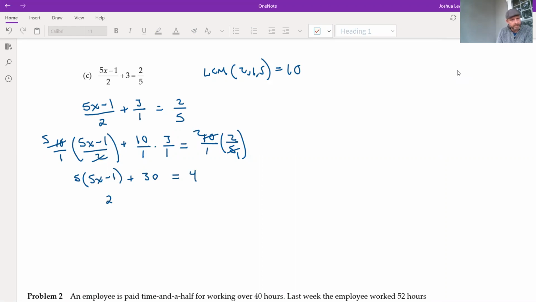Keep this going. 25x minus 5 plus 30 equals 4. We have like terms, right? Minus 5 plus 30. That'll be plus 25, which equals 4. Subtract 25 from both sides.